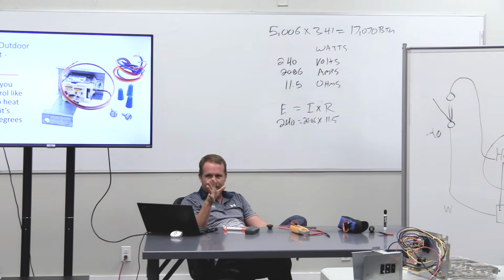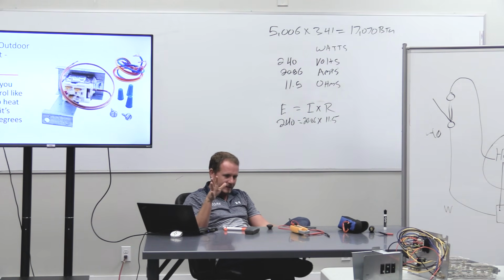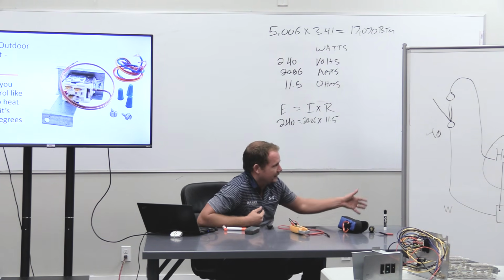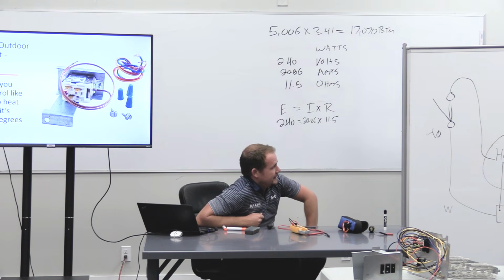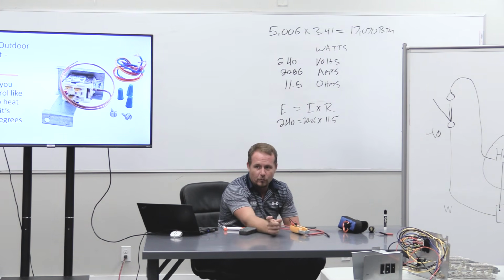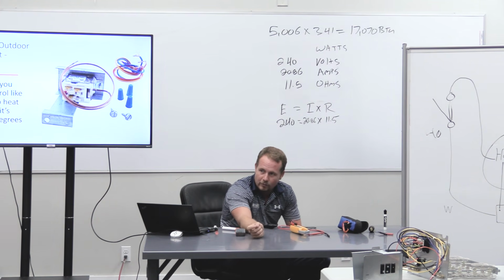So in Sam's way, I think what he's saying here on this very well drawn diagram is that rather than taking your white and connecting it to the white terminal or the white wire inside your air handler, you're just connecting your thermostat white and your condenser white together in the air handler.